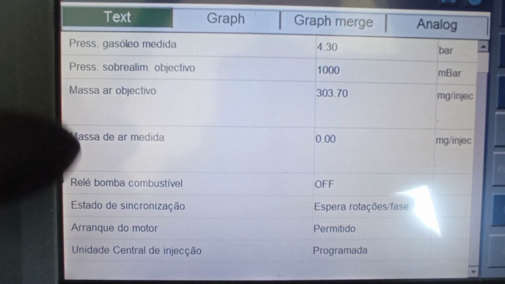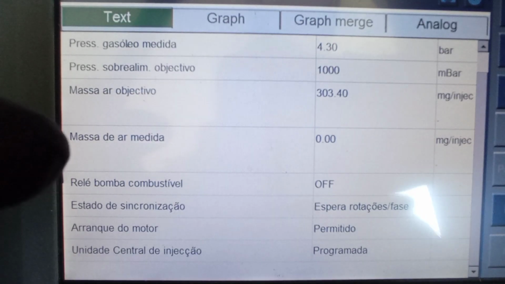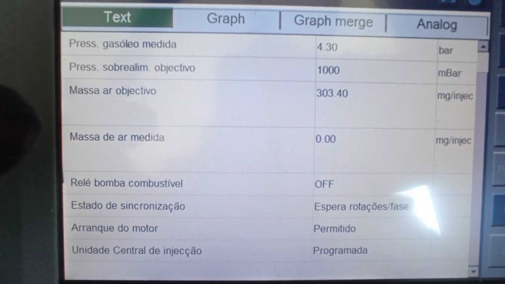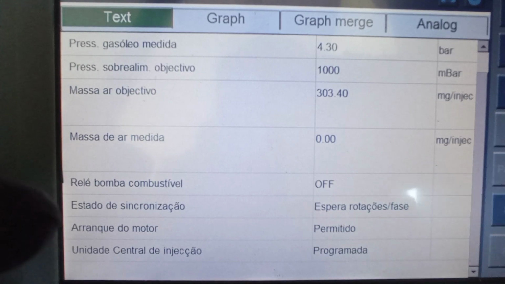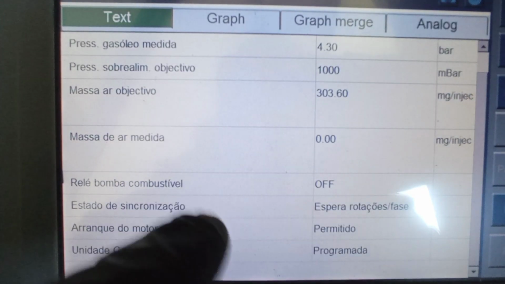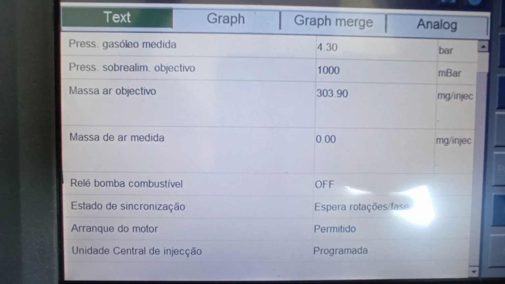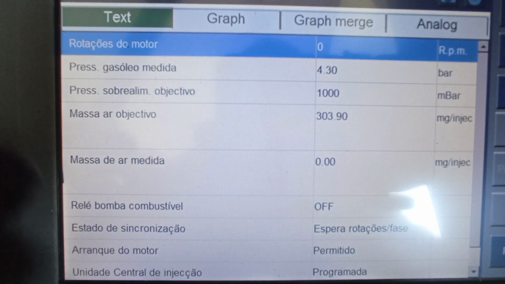For each and every one of these parameters, I will do a separate video, specific to how to find the problem and how to diagnose everything. For the transponder system, the key and the control unit, I already did it, up here and down below. And for the rest of them, bear with me, I'm trying to do the best I can with the time that I have.